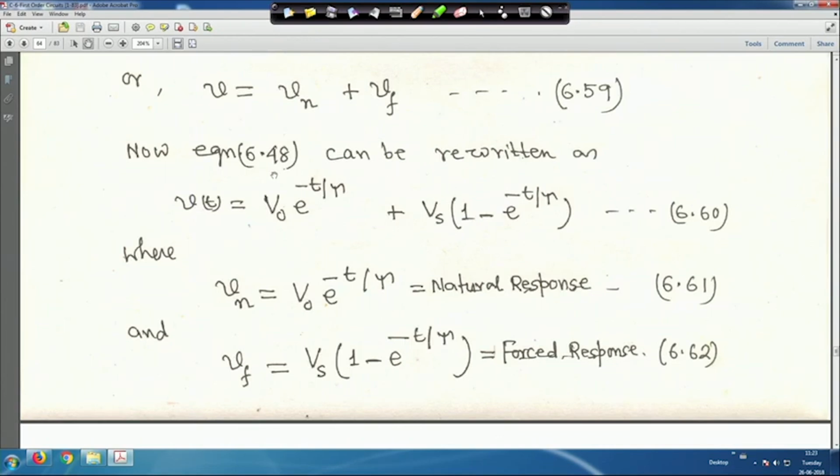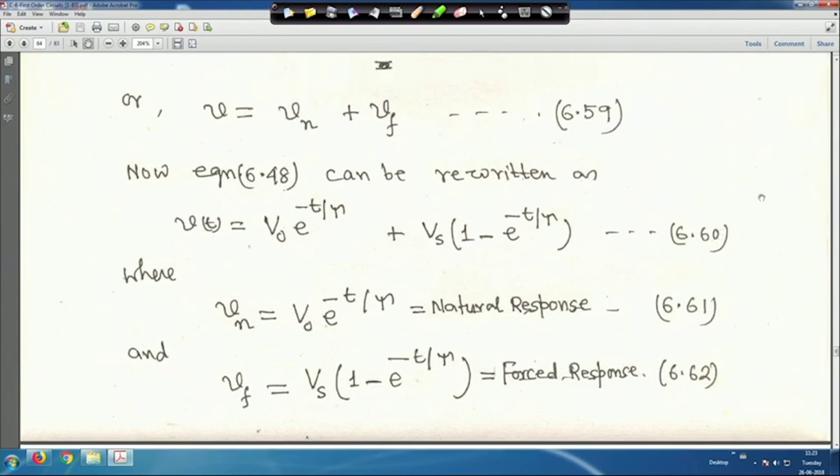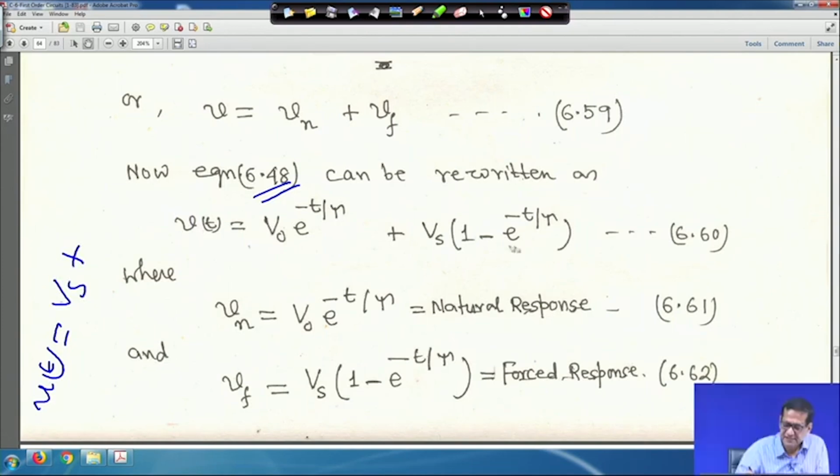From equation 48 it can be rewritten. V(t) is equal to V0 times (1 minus e^(-t/tau)) plus Vs, taking V0 common.